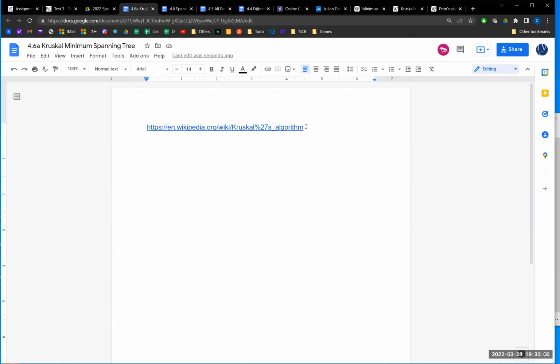All right, so the objective: find one of the smallest spanning trees. Step 1, sort the edges. Step 2, add an edge to the tree.